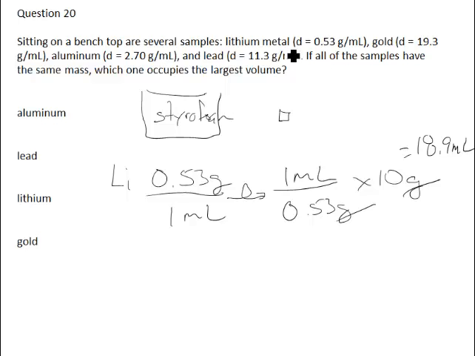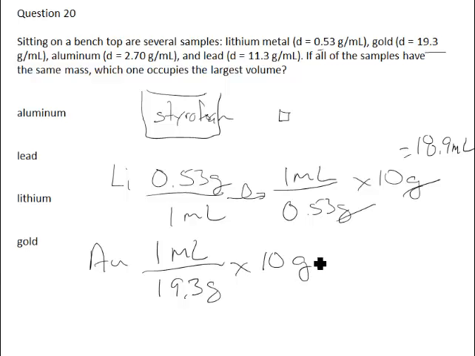And let's compare that with the most dense one, which is gold, 19.3. Let's do the same thing for gold. I have to flip that over, remember, so it's 1 milliliter for every 19.3 grams for gold. Multiply that by the 10 grams to cancel.